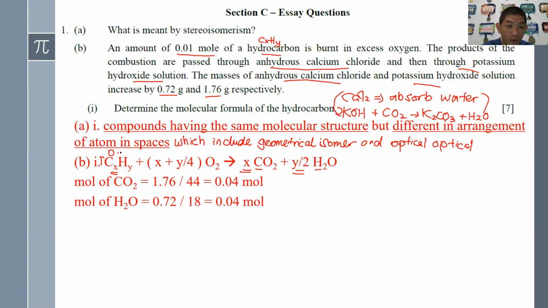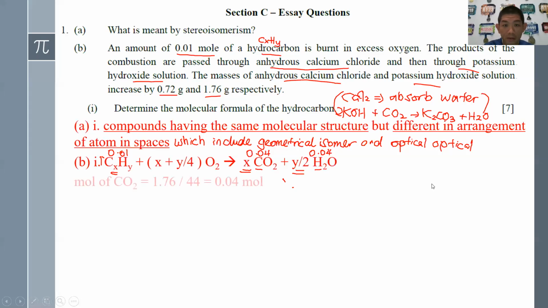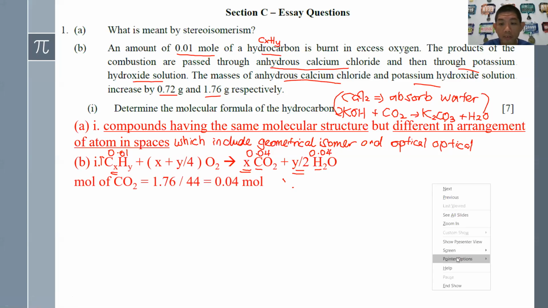If you have 0.01 mole of the hydrocarbon to 0.04 mole of carbon dioxide and 0.04 mole of water, what are the expected x and y respectively? You need to understand the possible numbers of carbon and hydrogen respectively.